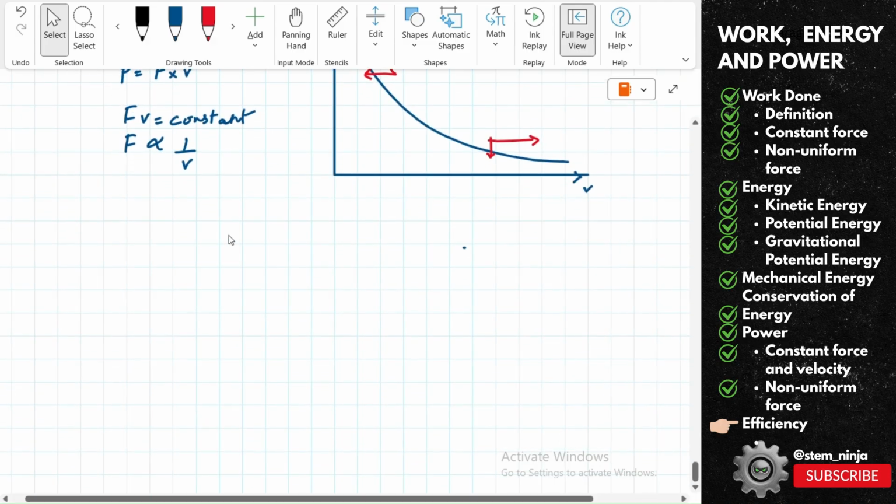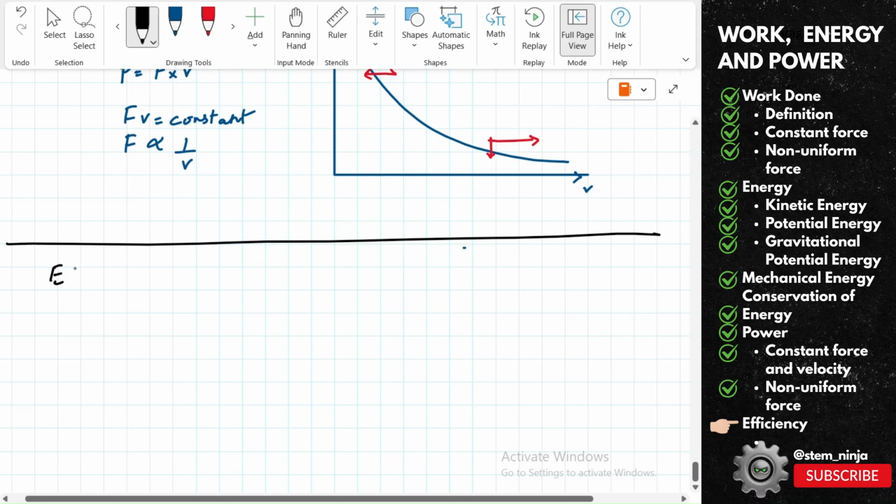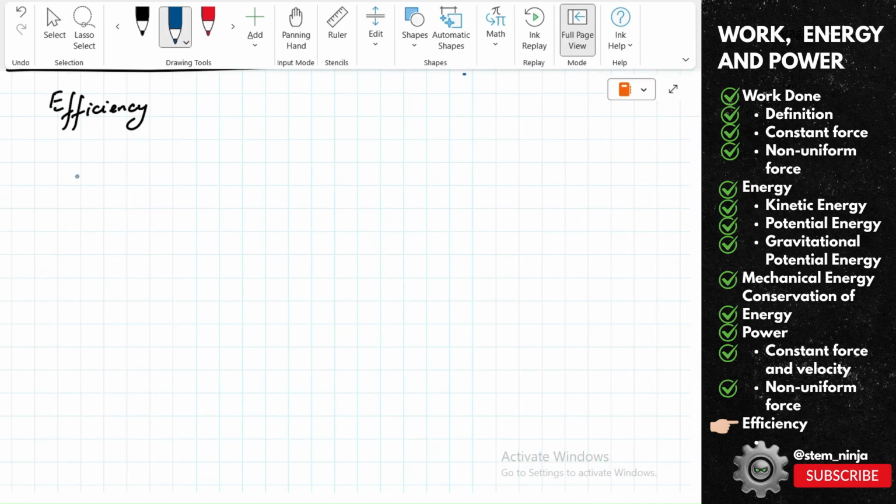All right. Now, another concept, efficiency. Efficiency is also a concept that we have studied rigorously in O-levels or IGCSE. So the definition should be fairly easy to recall. It's the ratio of useful work done to the total energy input.